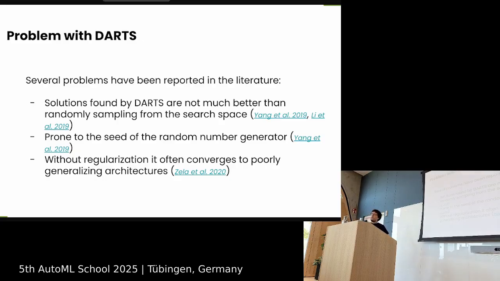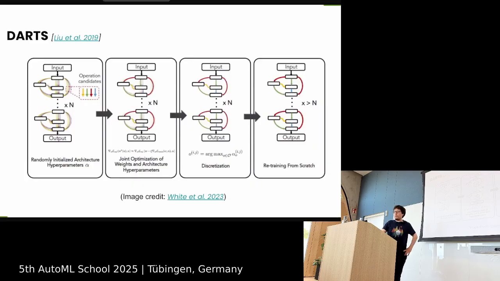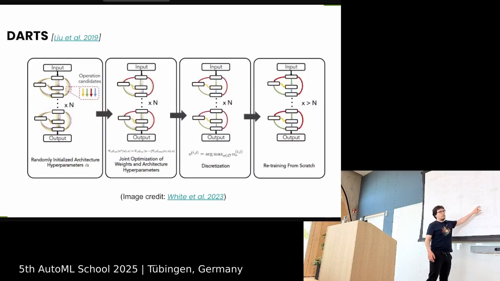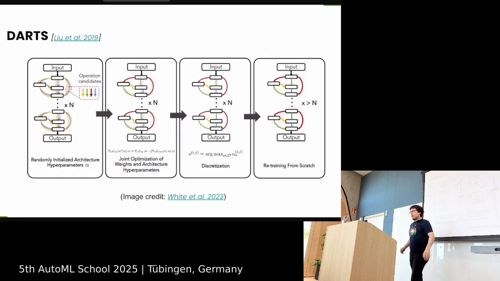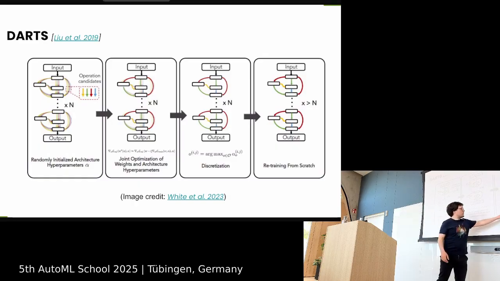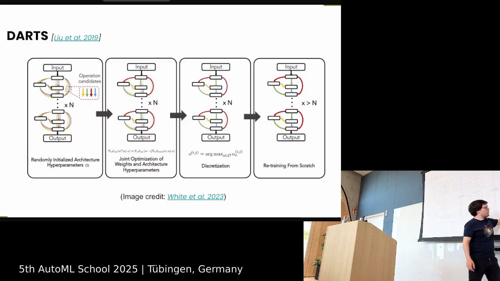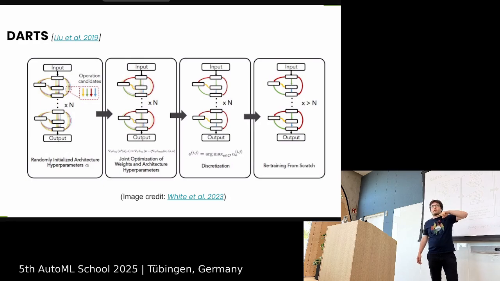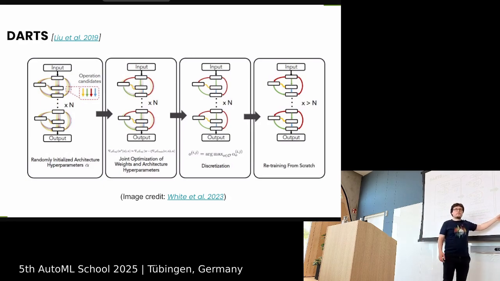Well, when I talk about DARTS, I actually mean those gradient-based methods in general. They are often called DARTS approaches. Parts of the problem come from this piece here, and I think the approximation here is not particularly good. Another part comes from this stuff here, but this has been somewhat addressed in the literature. I'm going to talk about two-stage approaches later, but there are also one-stage approaches, which are more like a DARTS approach, where you don't do this retraining from scratch. You just end up with a final architecture.